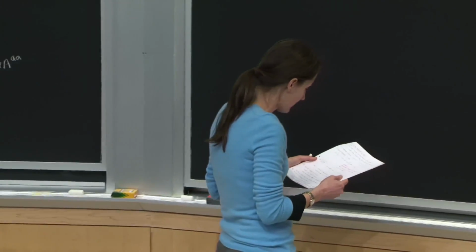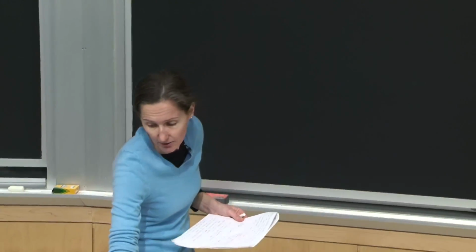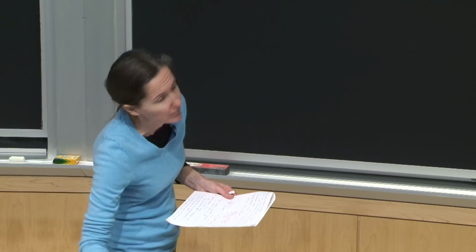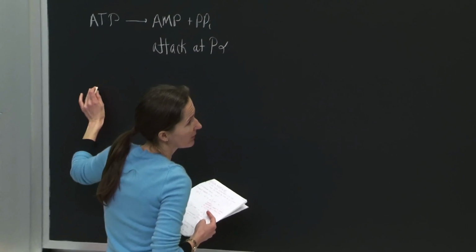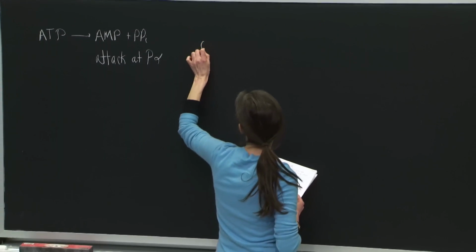So what is a mechanism to get us where we need to go? We have our overall reaction that I'll put up on the board just to keep it straight as we move forward.